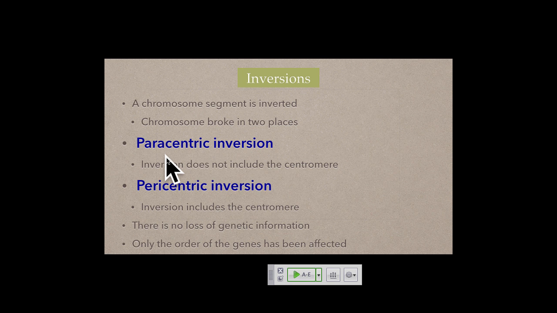Otherwise, everything else will behave exactly the same. Okay? That makes sense? So with a pericentric inversion, you have a break on each side of the centromere so that when that piece flips over, the centromere is part of the DNA that got inverted. So we're going to assume no loss of genetic information. We're just changing the order of the genes on the chromosome.